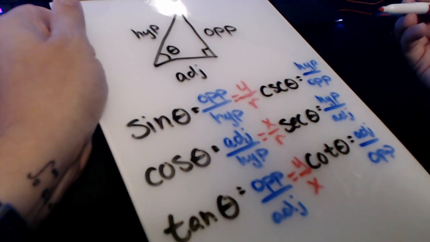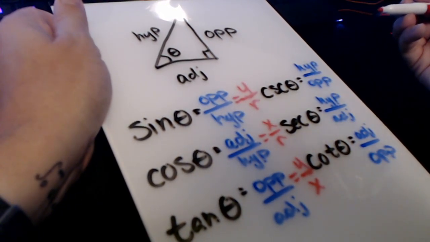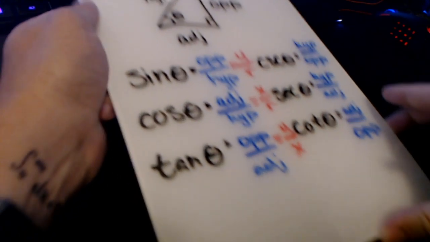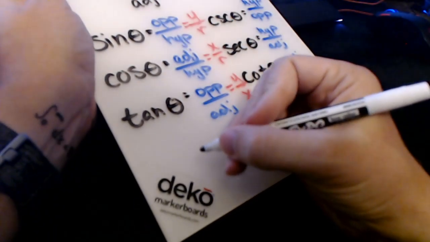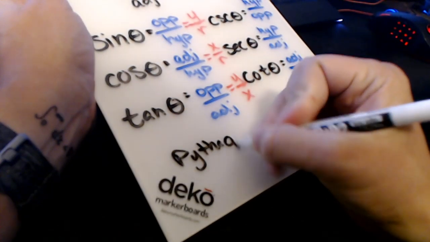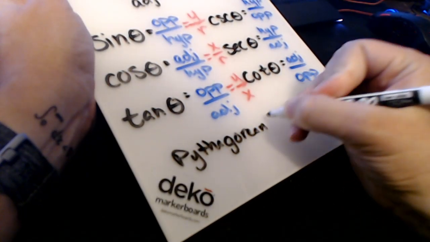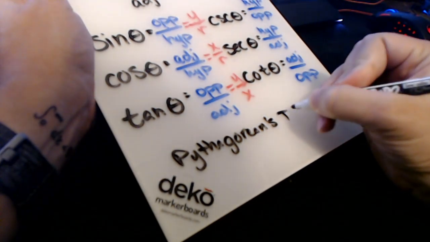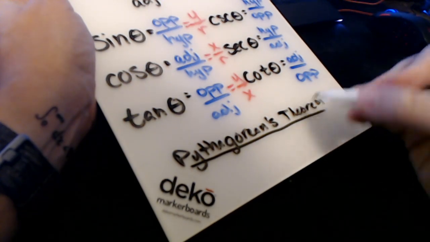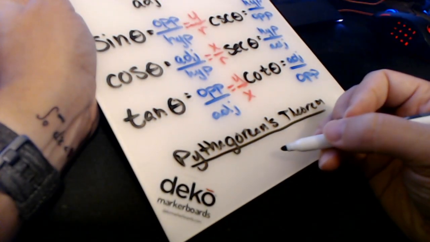All right, so that's the general setup, and really the only other thing you need to know is good old Pythagorean theorem. Pythagorean theorem, if you don't know it, you should. Pythagorean theorem is an important part of right triangle trig because it lets you find the side that you're missing.